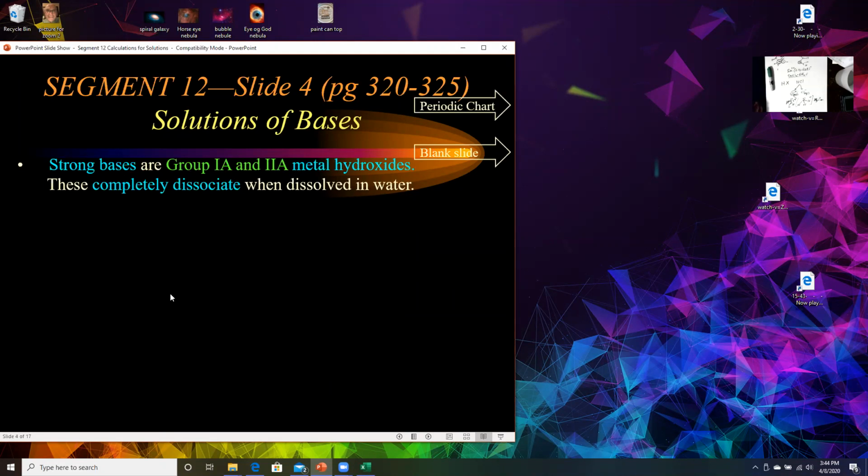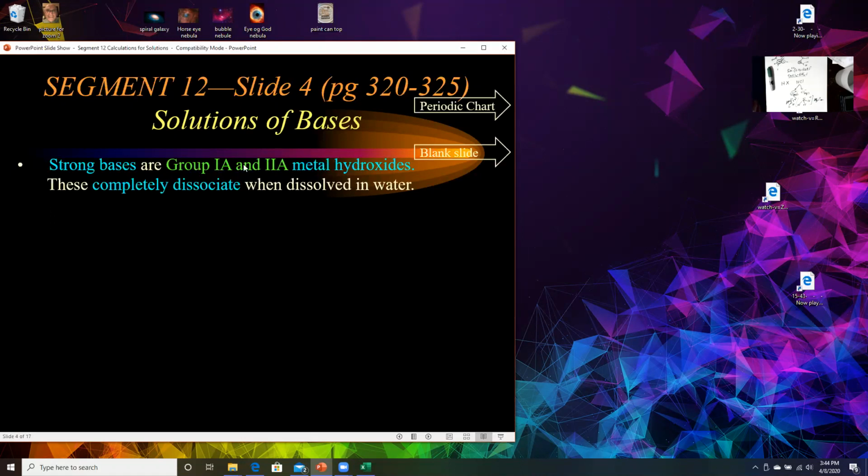Now, the topic was electrolytes. And we saw that strong acids are electrolytes. We saw earlier than that, soluble ionic compounds are strong electrolytes. Strong bases are also strong electrolytes.